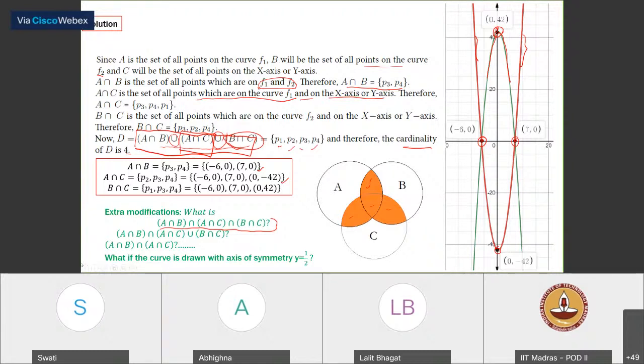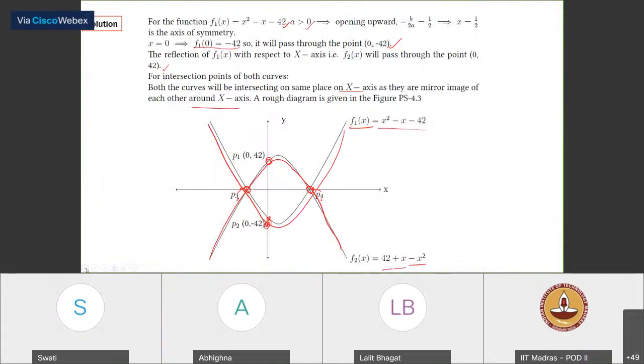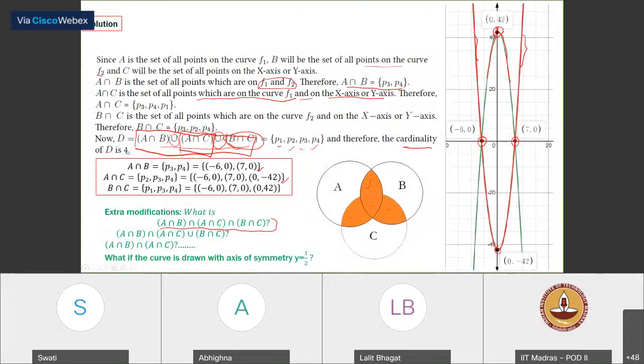You just have to plot the parabola and mirror it. The part with A union B, A intersection B union A intersection C, that part I couldn't do.